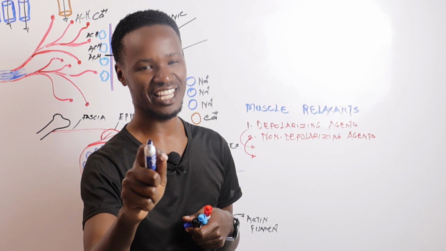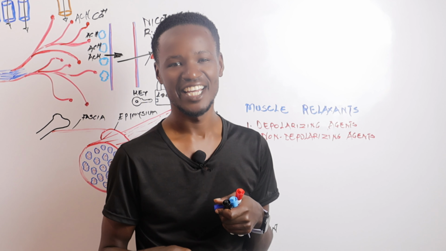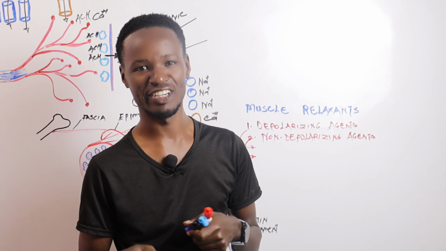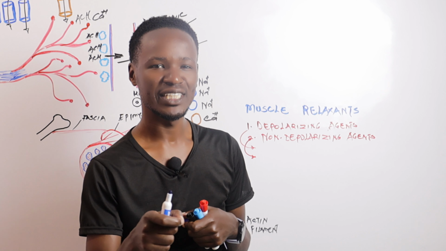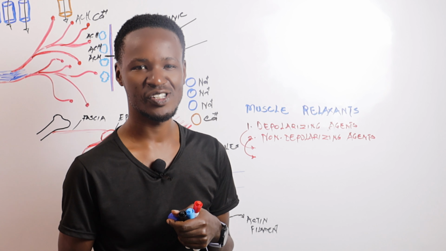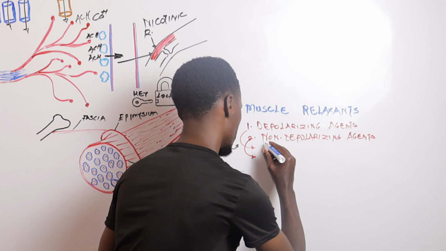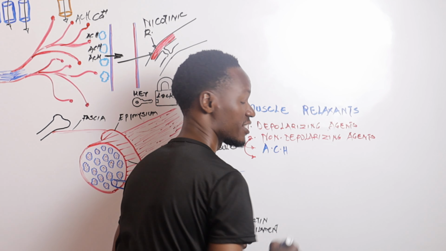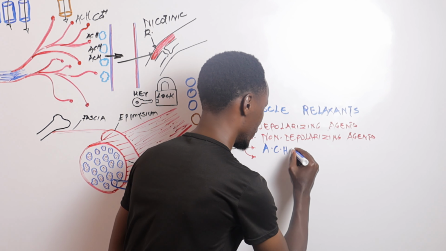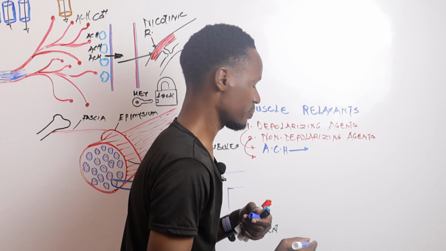For depolarizing agents, what these medications do is that they mimic the action of acetylcholine at the gap, or the synaptic cleft, telling the muscle to contract. But it doesn't end there, because by mimicking the action of acetylcholine, these medications tell the muscle to keep contracting, like something which is stuck on repeat.